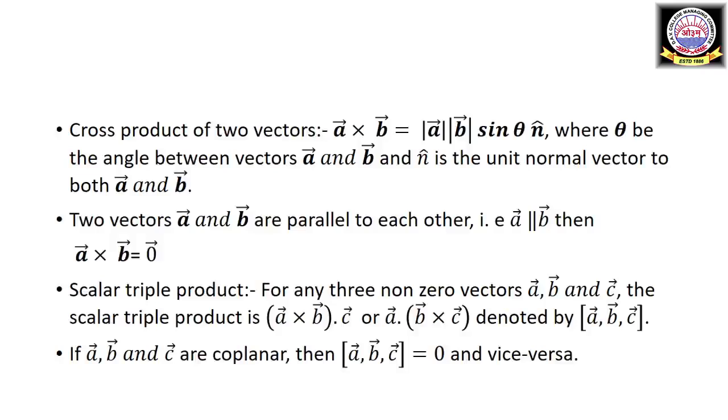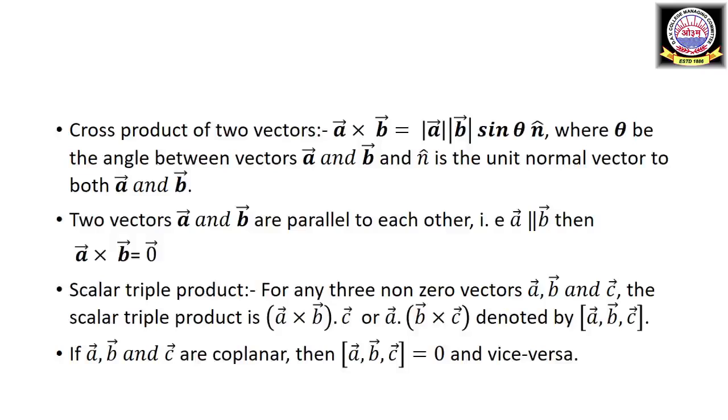The scalar triple product of any three vectors A, B, C is A cross B dot C or A dot B cross C, and denoted by the bracket [A B C]. Dear students, you just see A cross B dot C, or A dot B cross C, that is called scalar triple product.